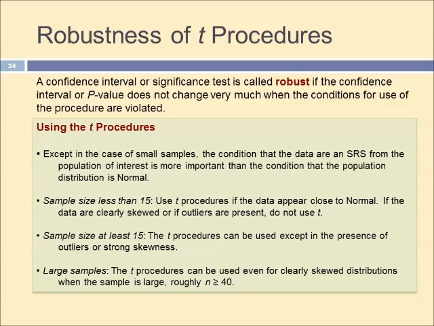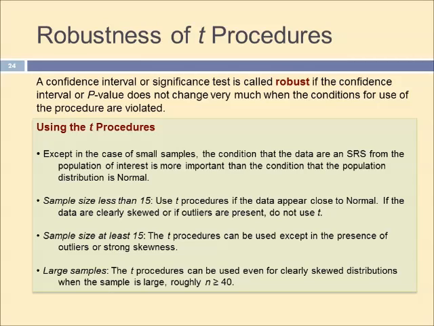So for sample size less than 15, we need to ensure that the data appear close to normal, and in the case where the data are clearly skewed, or if there are any outliers present, do not use t-procedures. If the sample size is at least 15, then the t-procedures can be used except in the presence of outliers or strong skewness.